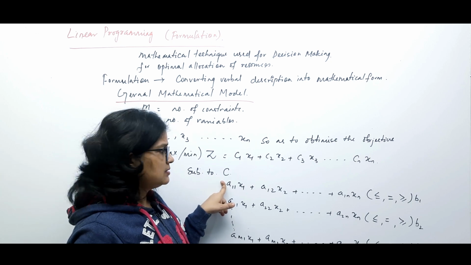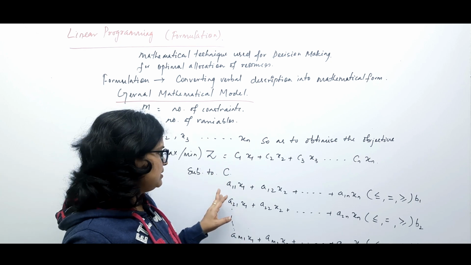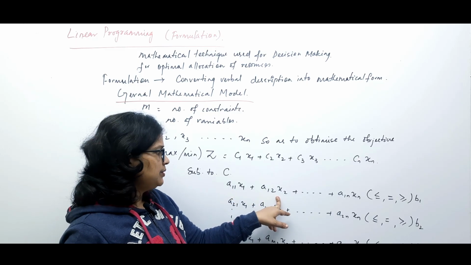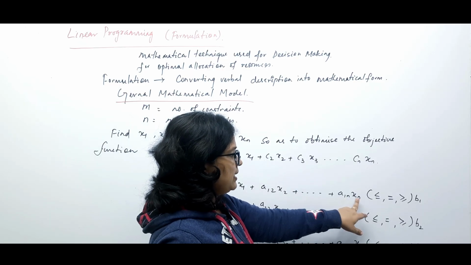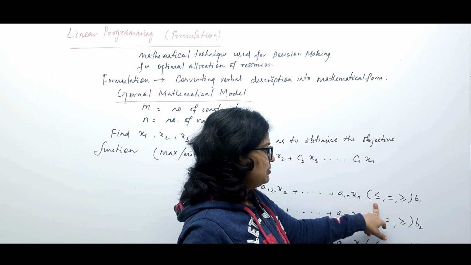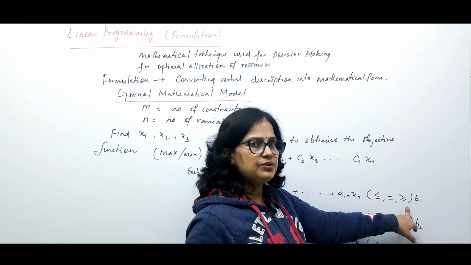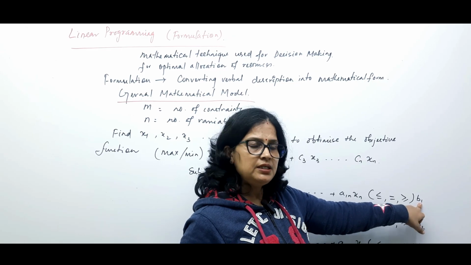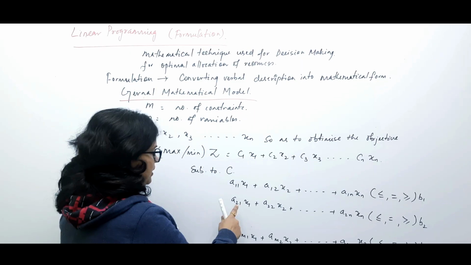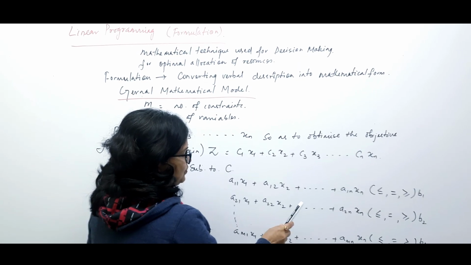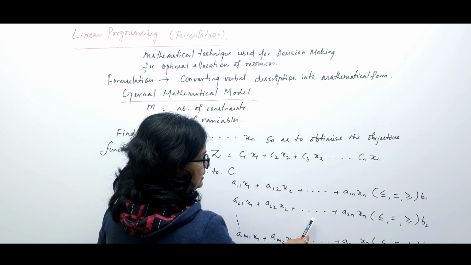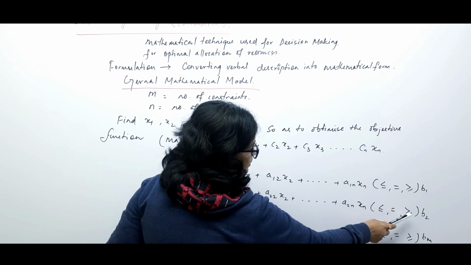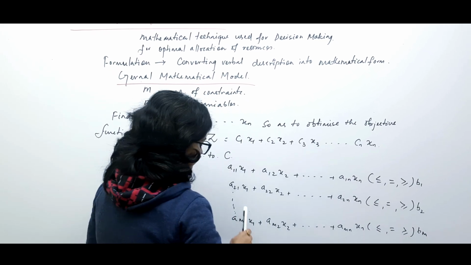Subject to the constraints, how are we going to express our constraints? a11 x1 plus a12 x2 plus up to a1n xn, less than or equal to, or greater than or equal to b1. As we all know, b1 is our resource. Then a21 x1, a22 x2, a23 x3, like this up to a2n xn, less than or equal to or greater than or equal to b2.